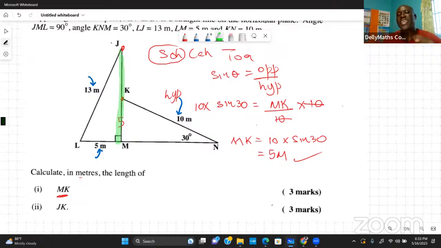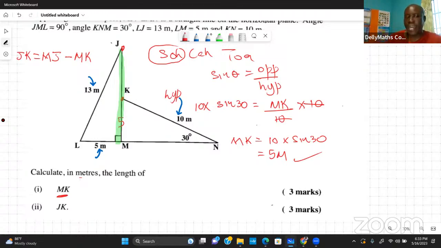I want from J to K, which means that when I find all of MJ, I'm going to subtract the 5 from it. In other words, our intention is to understand that JK is equal to MJ minus MK, right? So if I find MJ and then subtract MK, I will have from J to K.